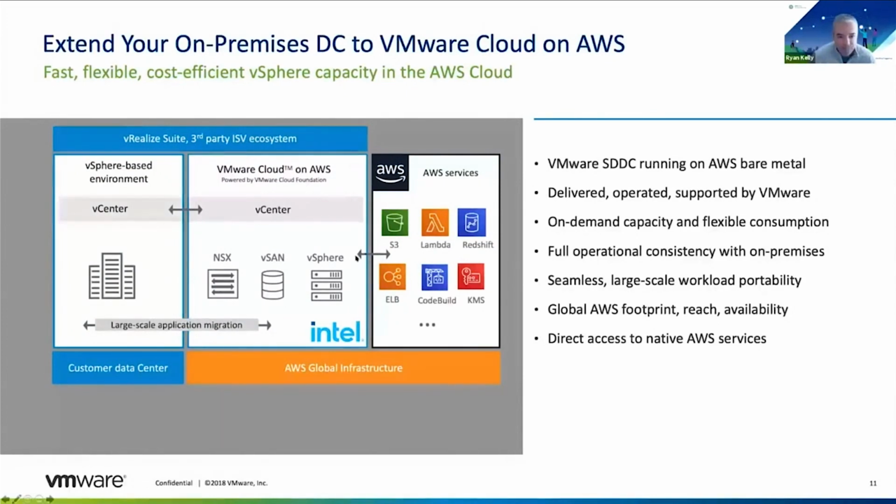And then as part of the partnership to make the VMware services as well as the Amazon service attractive to our customers, we have waived the egress fee between these 2 environments.